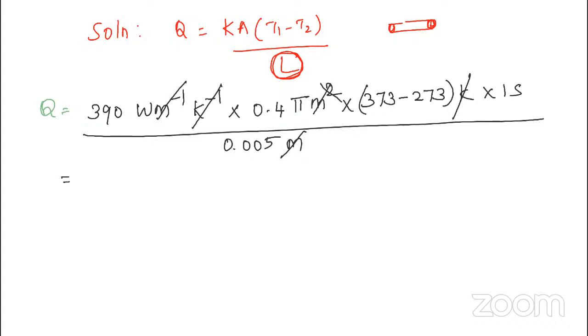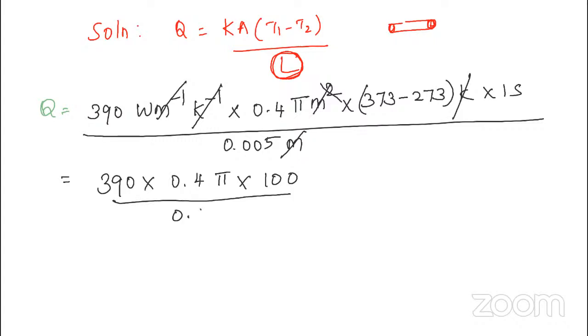Then remaining are 390 into 0.4 into pi into 10, that is 100, 373 minus 273 is 100, divided by 0.005 watt second.